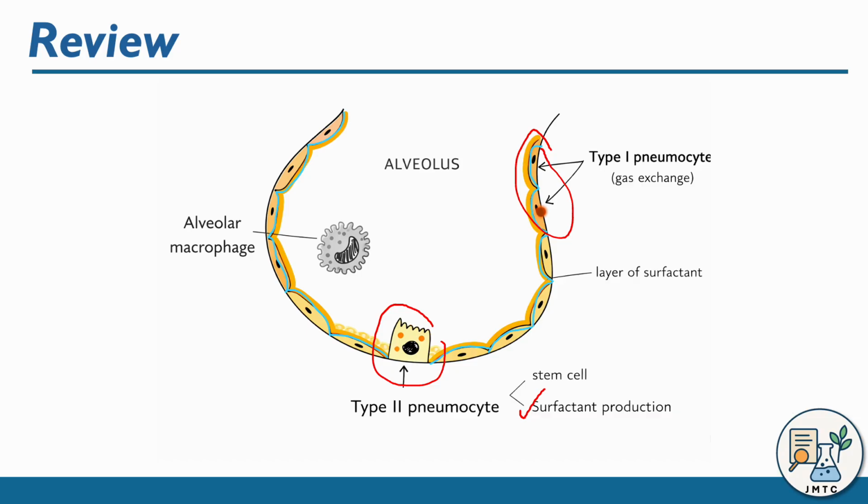So, pag na-release siya, nagpo-form siya ng itong orange na nandito, nakikita nyo. Thin layer dito sa lining ng alveolus. Second function of your type 2 pneumocyte is it can regenerate type 1 cells kapag nasira. So, parang repair system siya ng alveoli.